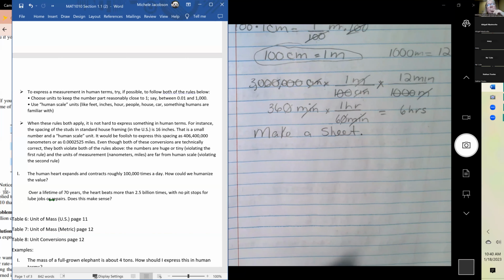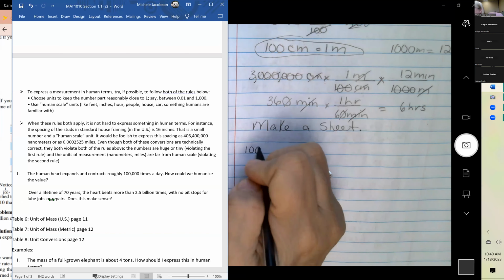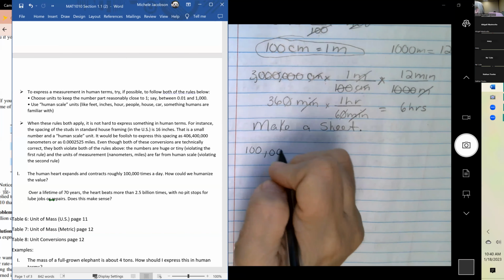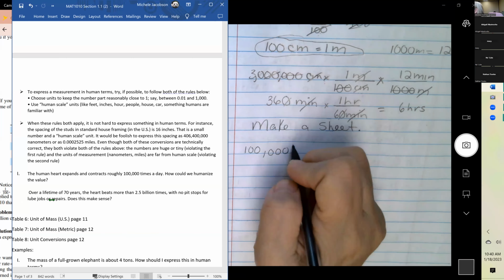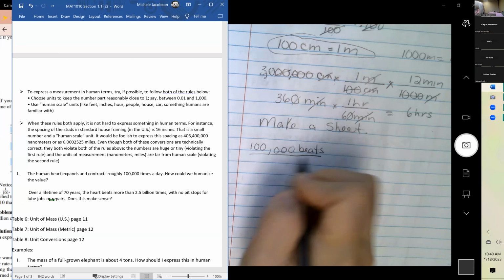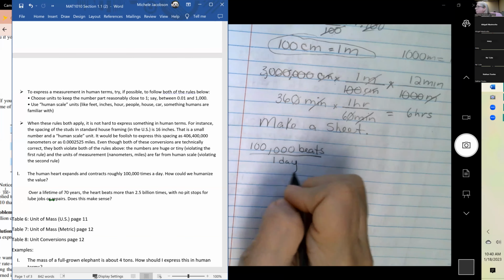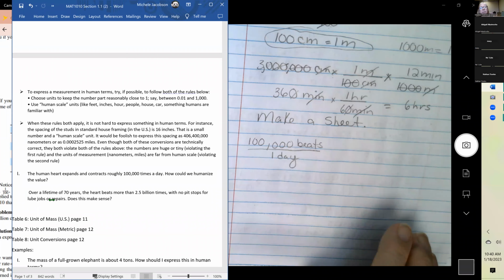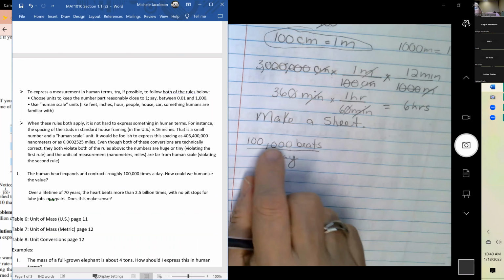Okay, now if we did that, it's going to make the number larger. So if we have 100,000, well, it's saying 100,000 a day. So that's the total for the day, right? No, it's 100,000 beats a day or per day.